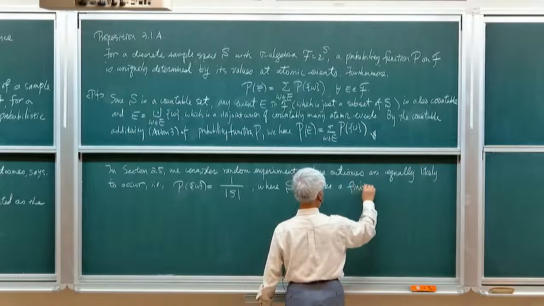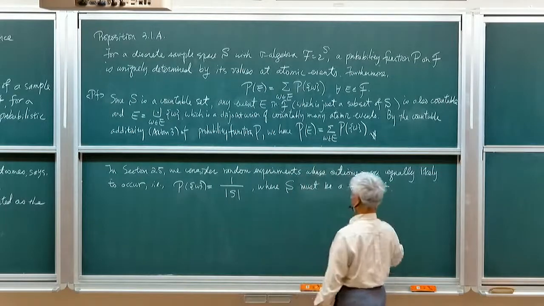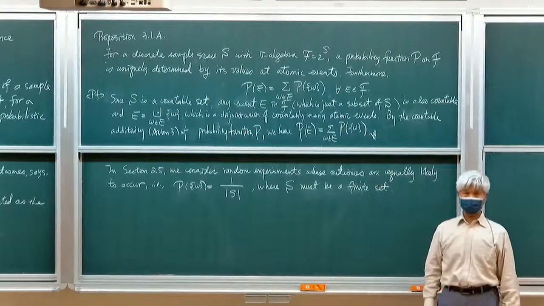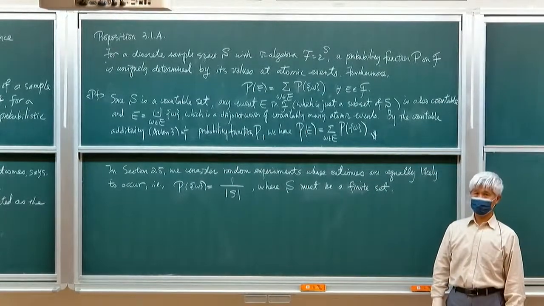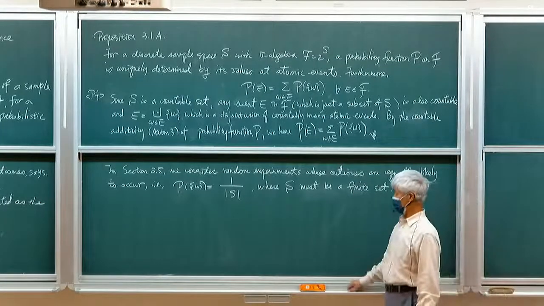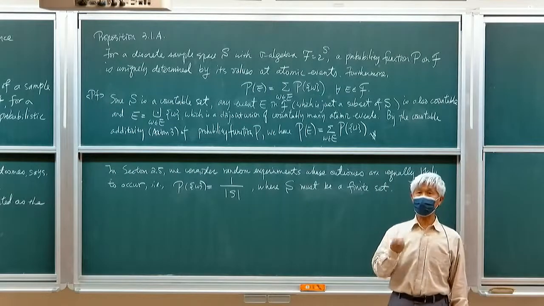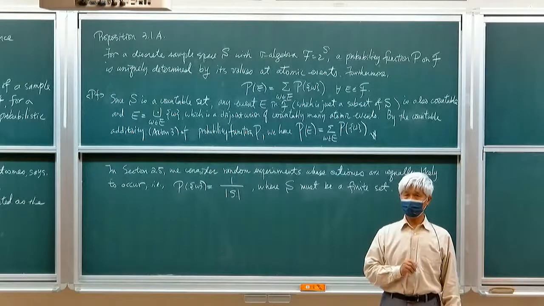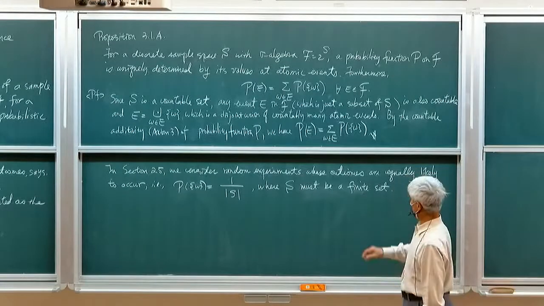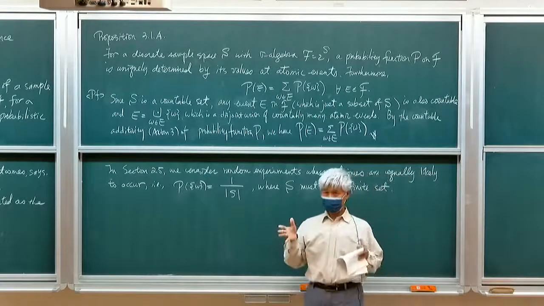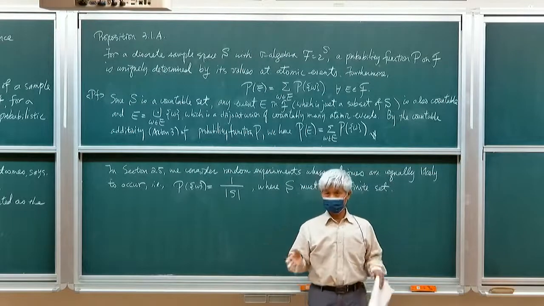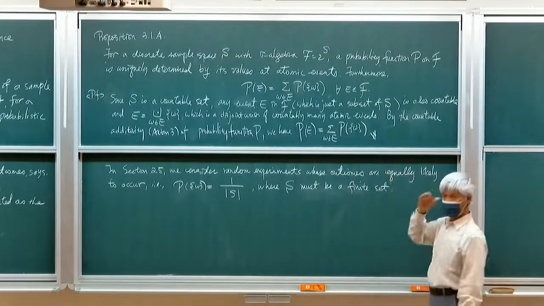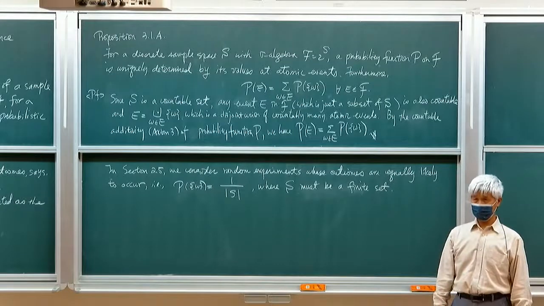For this, the sample space X must be a finite set. Because in the recommended exercise number 2, there is one exercise which shows that if the sample space is infinite, then the outcomes cannot be equally likely to occur, right?